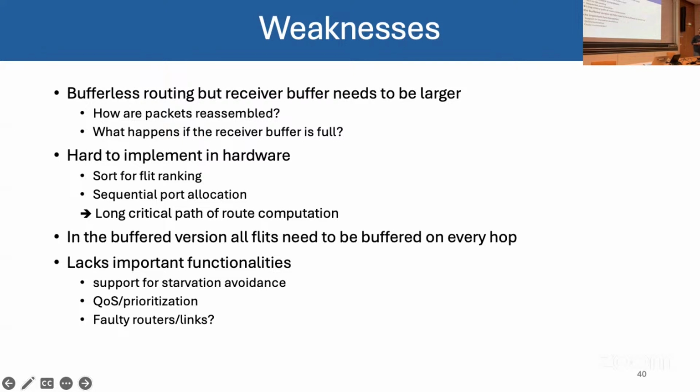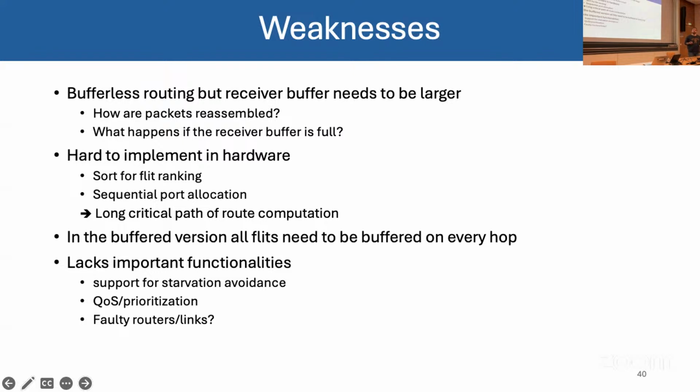And it also lacks some important functionality that is needed in a real system: some kind of starvation avoidance, quality of service and prioritization. In real networks on chip, or in real networks in general, we need to be able to prioritize some packages and some flits.